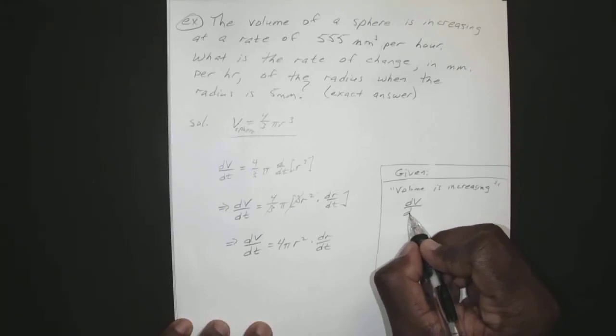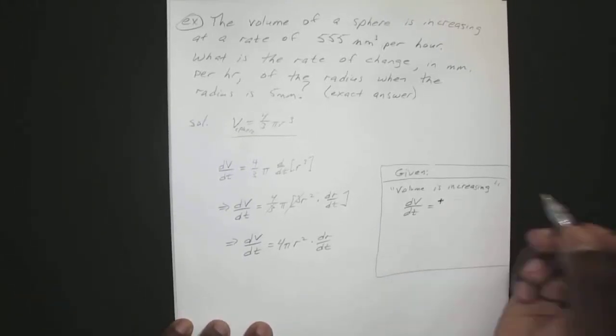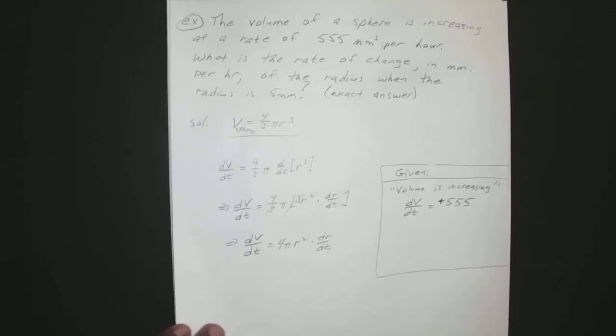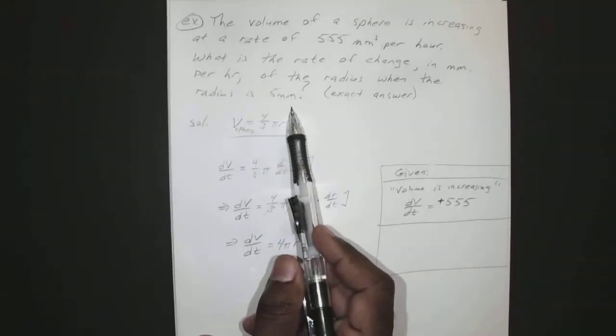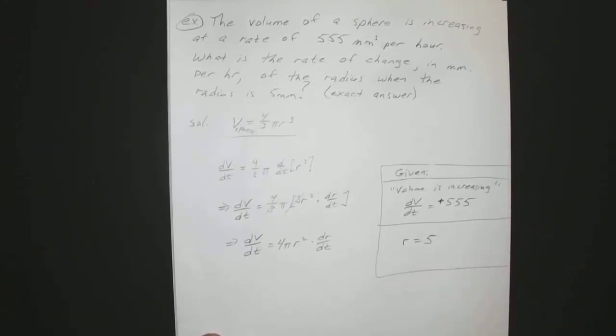So the rate of change of the volume with respect to time is going to be a positive. You don't have to put the plus there, but okay. And we want to know what happened when the radius is equal to 5, so given is our r is equal to 5. Okay. So we go ahead and just plug it in.